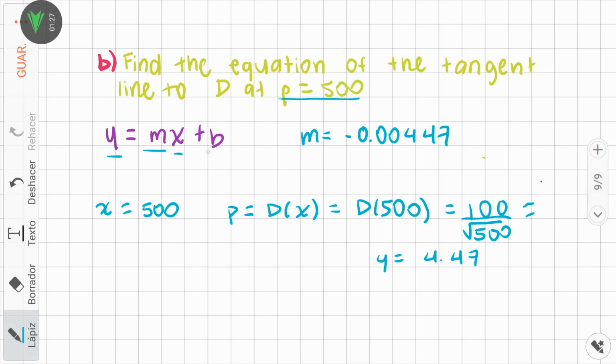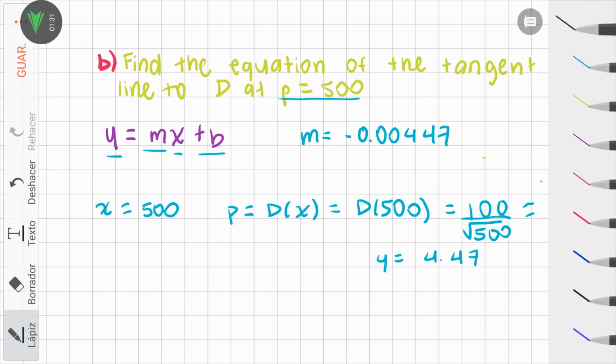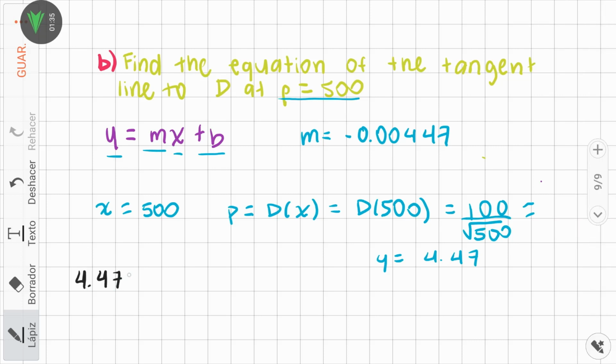Now you need your y-intercept. For that, simply plug in those values into your formula, which is 4.47 equals negative 0.00447 times 500 plus b. And that will give you a value of b of 6.707, okay? Which is an approximate value, okay?